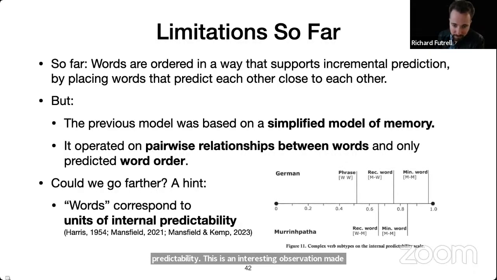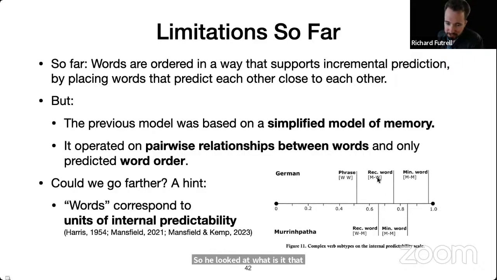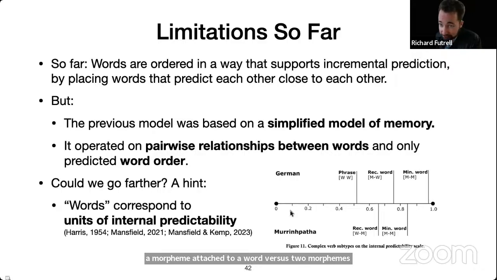He looked at what distinguishes two words in a phrase versus a morpheme attached to a word versus two morphemes inside a word. And he measured the mutual information between those two parts. And he found that the things we call phrases tend to have lower mutual information among their parts. The things we call words tend to have more mutual information among their parts.